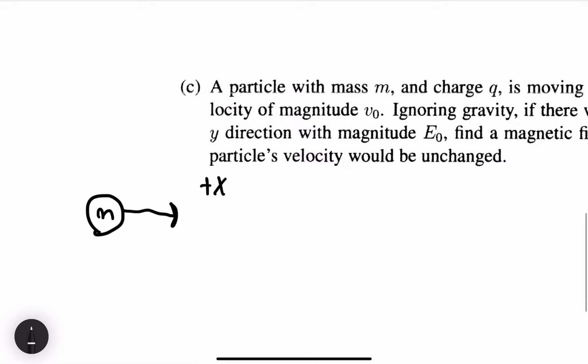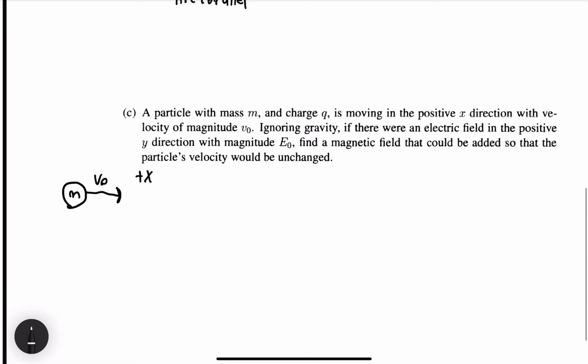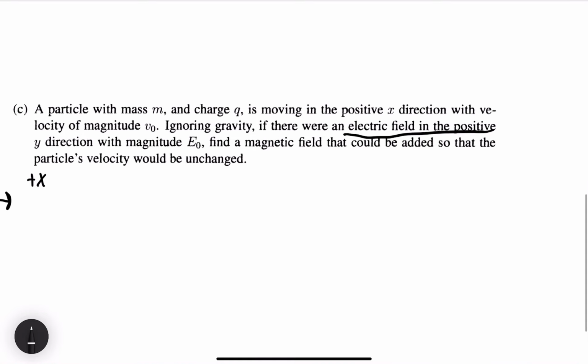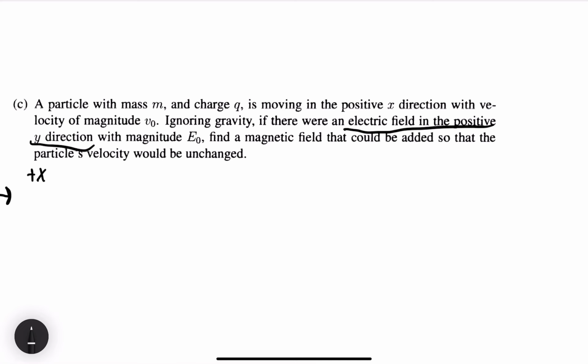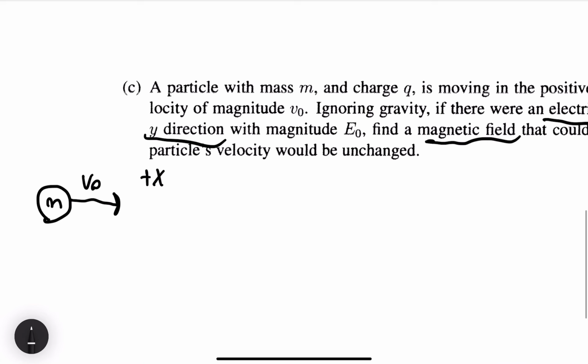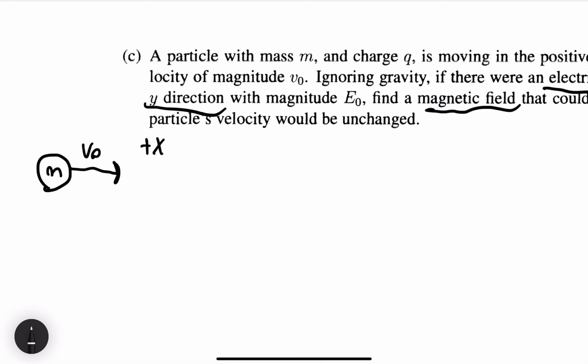Positive x, v naught. Ignoring gravity, if there were an electric field in the positive y direction with magnitude E naught, find a magnetic field that could be added so the particle velocity would be unchanged. In other words, find a magnetic field that can be added so the forces cancel out.